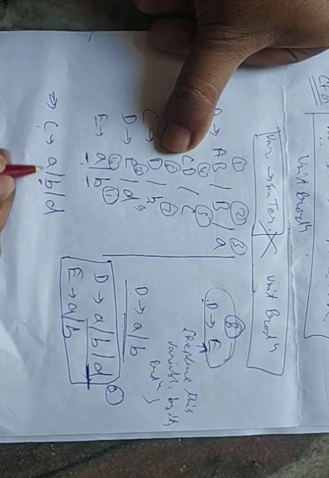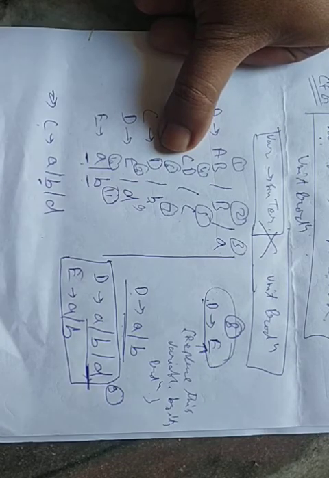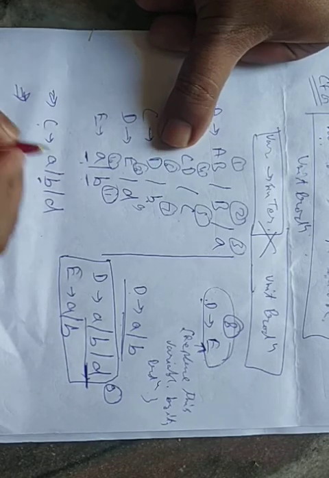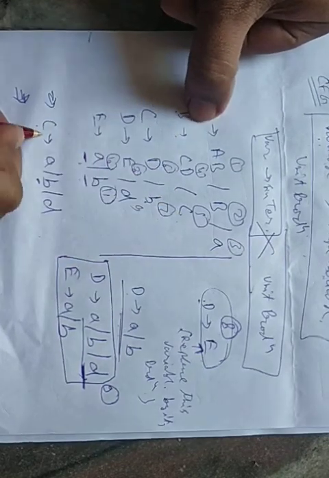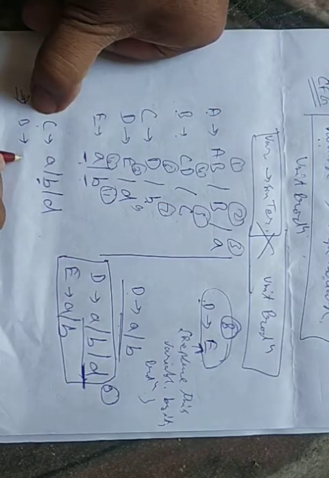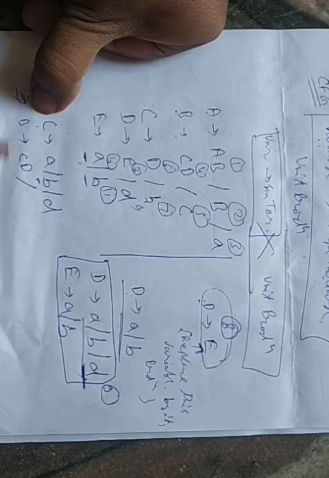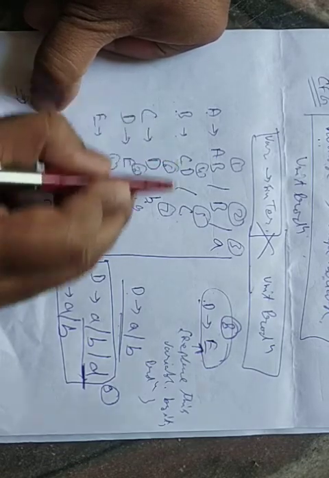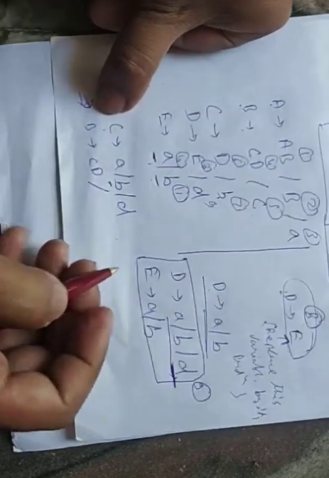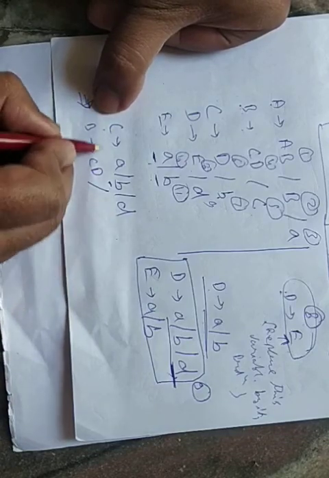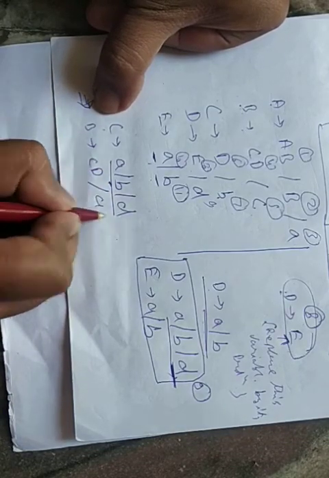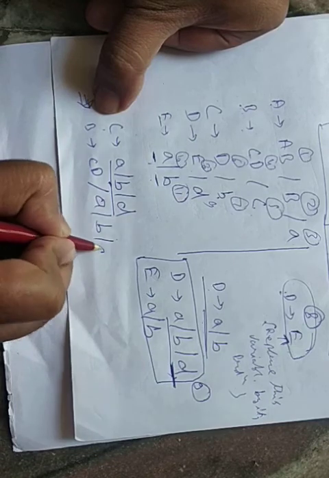So this becomes C produces A slash B slash d. Similarly for B: B produces CD, this is intact, and B produces C becomes the value of C, which is A slash B slash d.